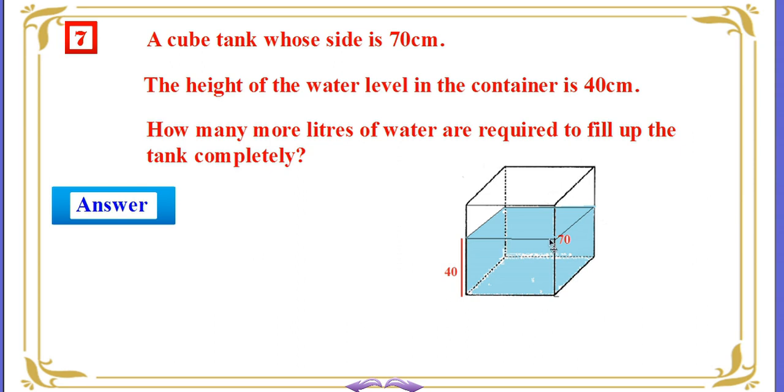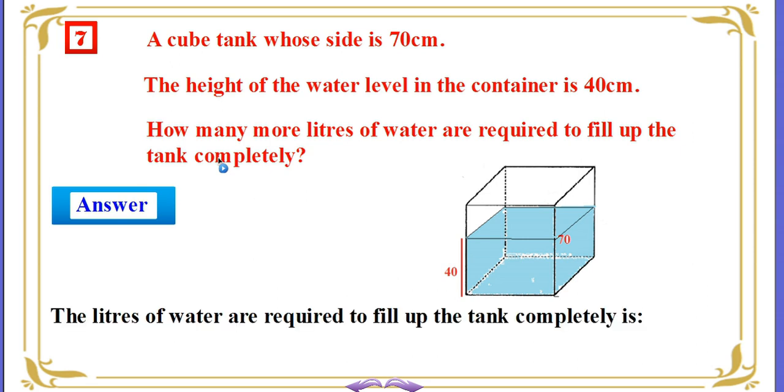The length is 70 and the width is also 70, but the height is not 70, it is 30. You take 70 centimeters, subtract 40, and the height of water you have to fill is only 30. And so the answer is E.